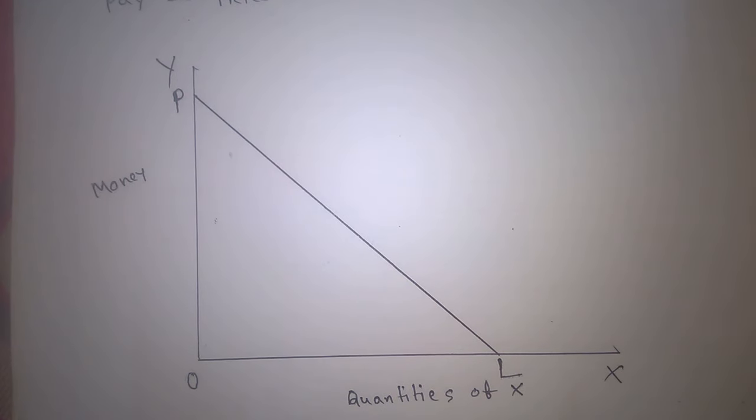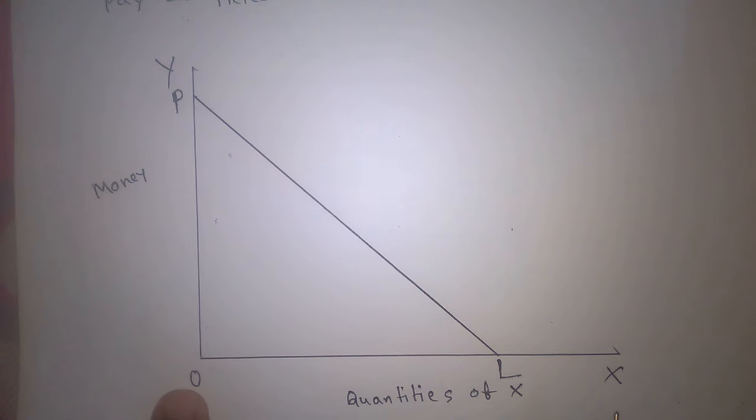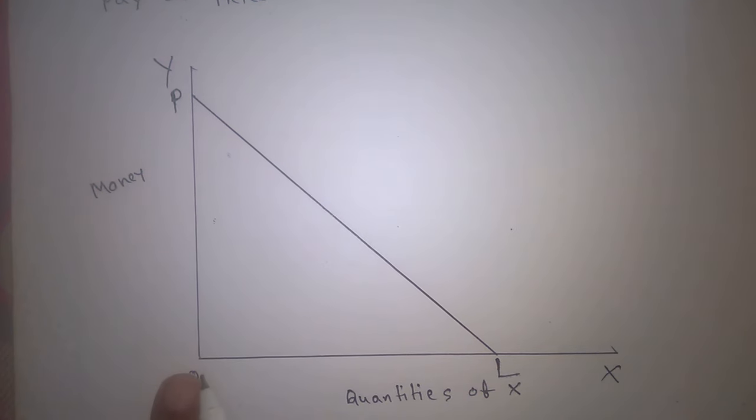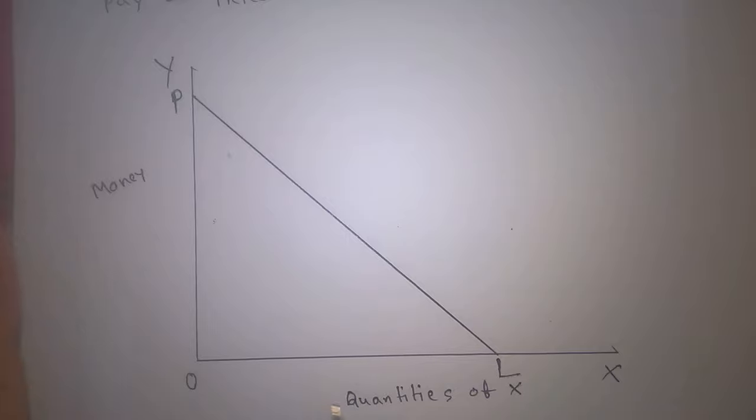On the other hand, you can purchase product X, so you're not going to keep any money in your pocket, so money will be zero. You will be able to purchase OL quantities of product X with your money, right? So it's a trade-off.